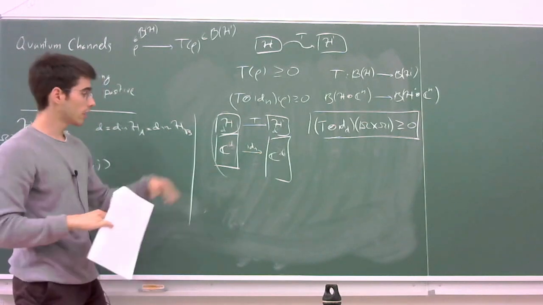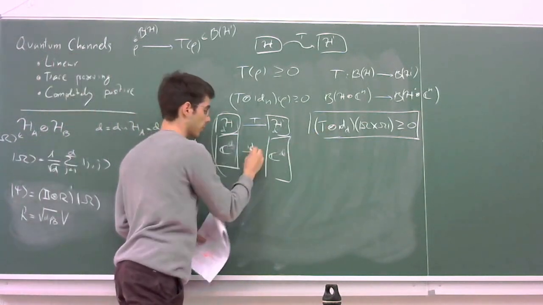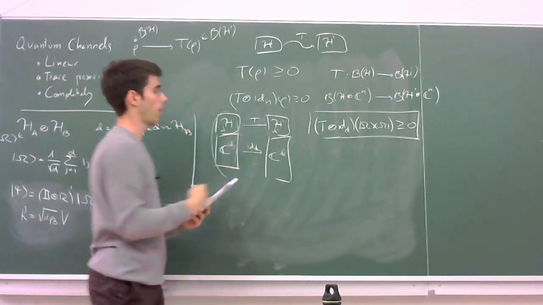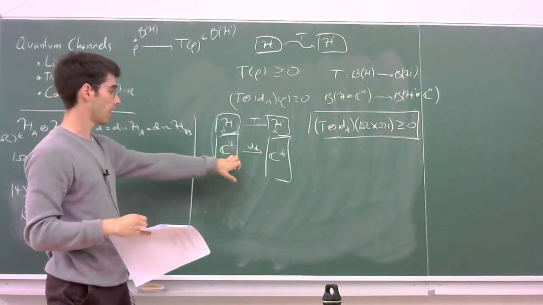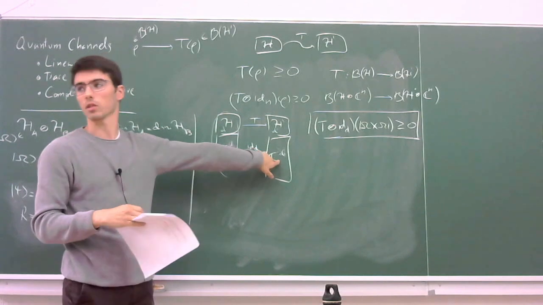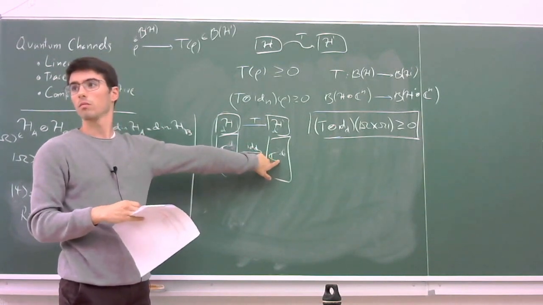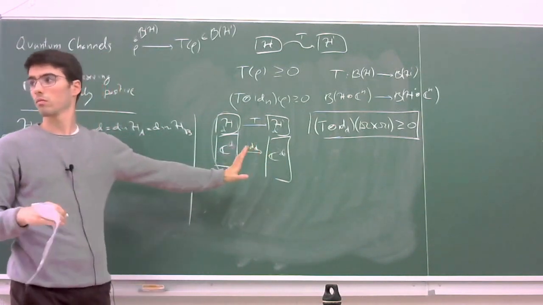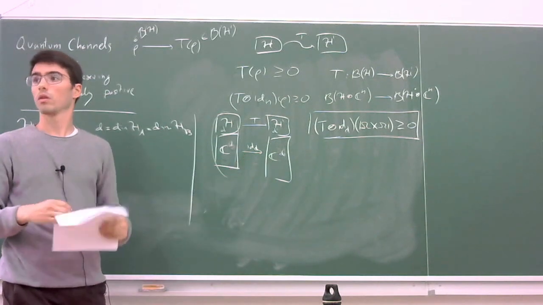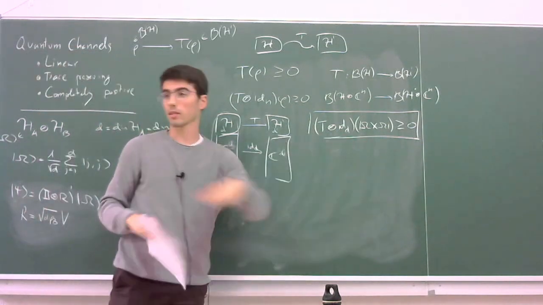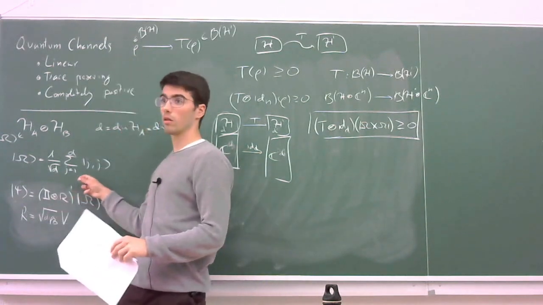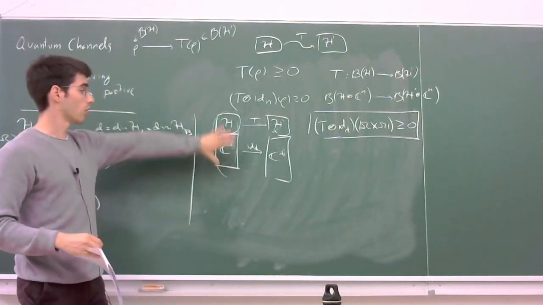And what we have done is to extend our original quantum channel with another channel that goes from a d-dimensional Hilbert space to a d-dimensional Hilbert space. Yes? Nothing here.